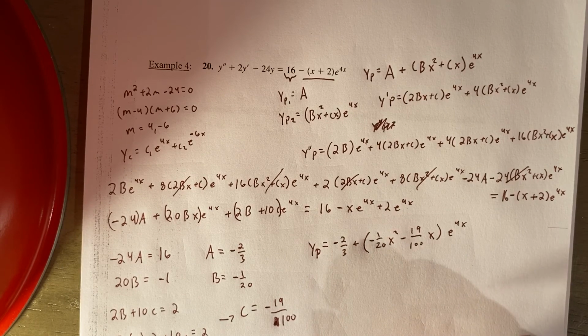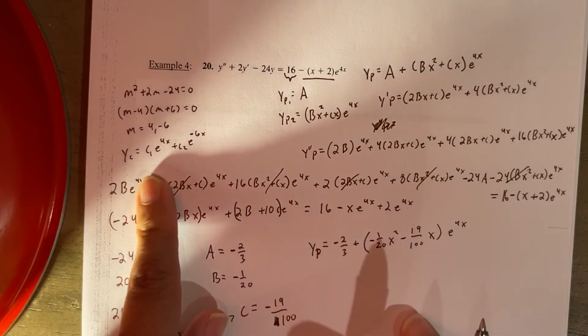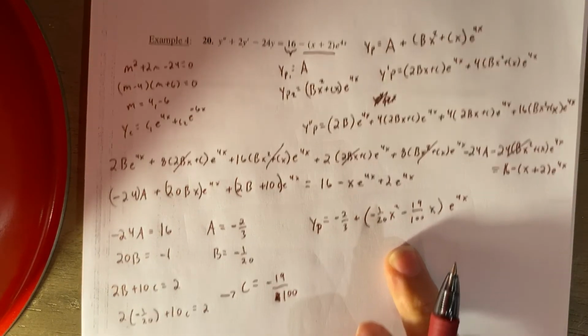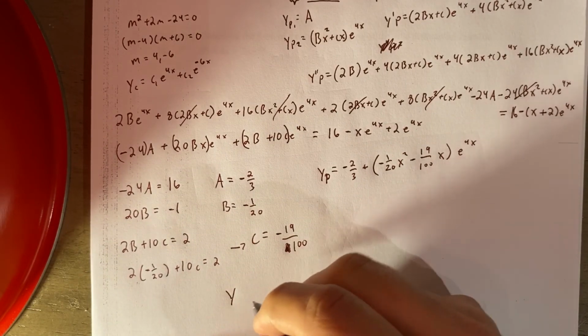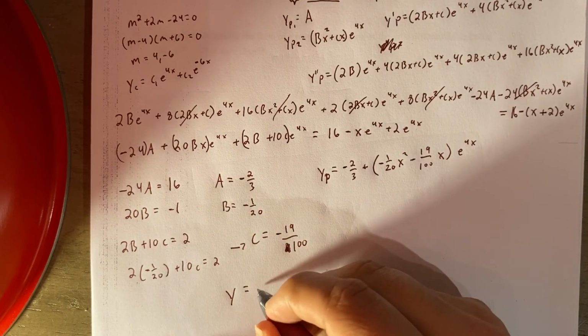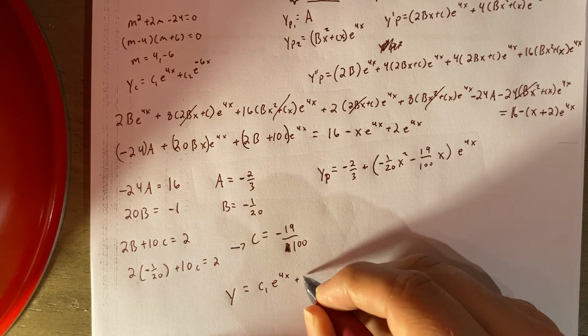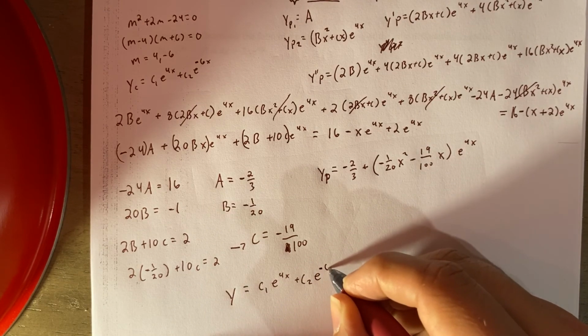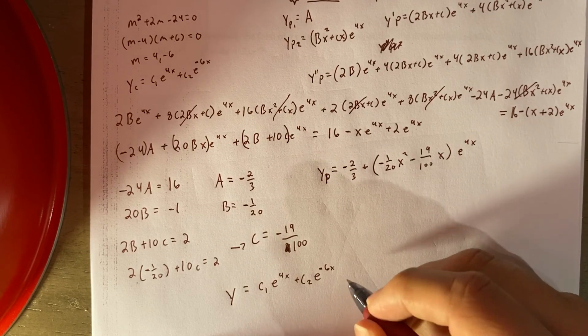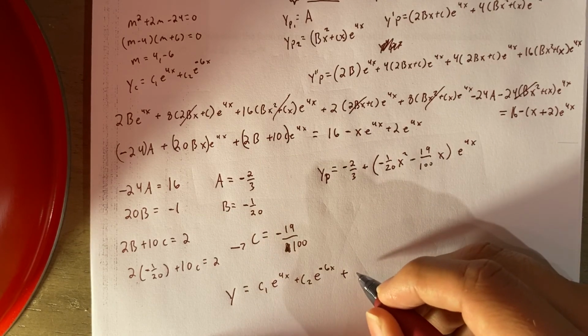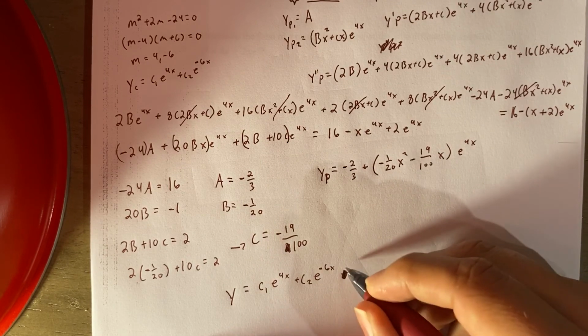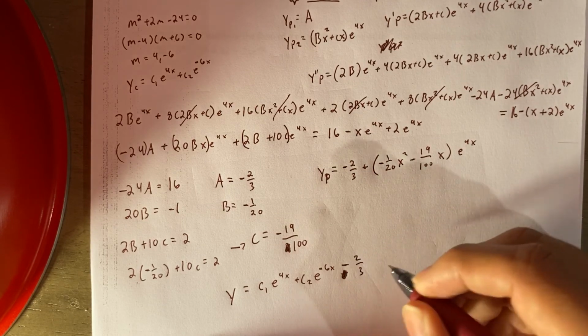And so we can find our general solution now. In our general solution, when we combine our y sub c with our y sub p, is y equals c sub 1 e to the 4x plus c sub 2 e to negative 6x plus minus 2/3.